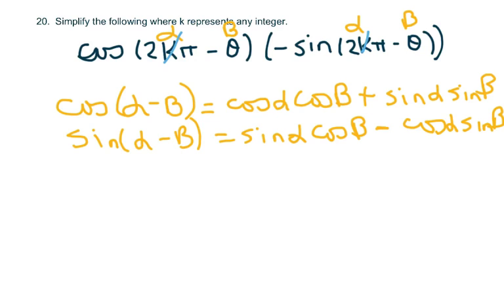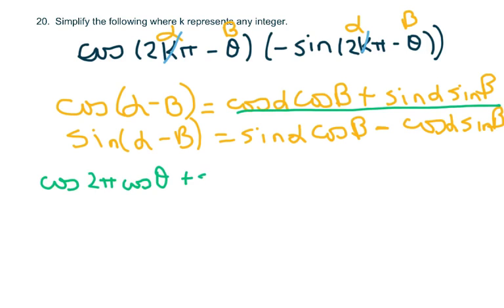So when I simplify this, I'm going to try to write small. I'm going to get cosine of 2 pi cosine of theta, plus sine of 2 pi sine of theta. Alright?